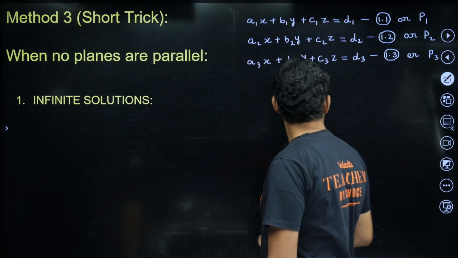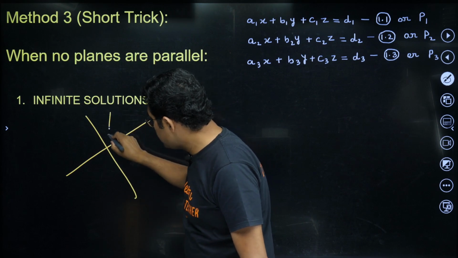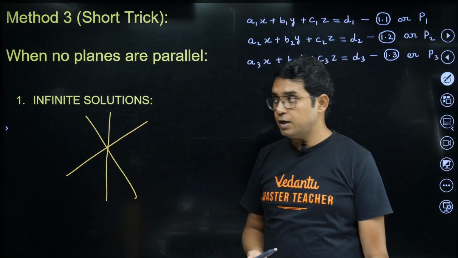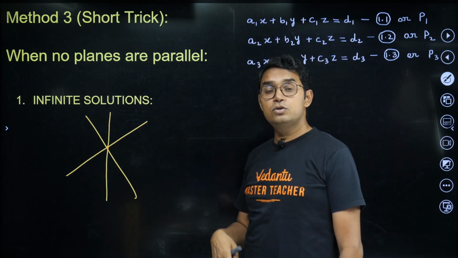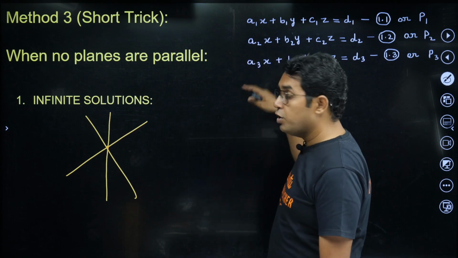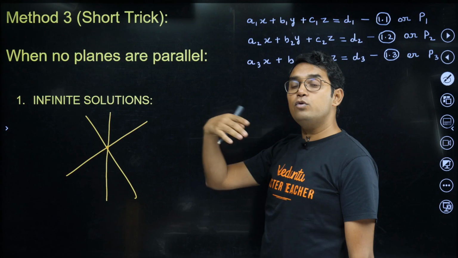I told you that the infinite solution case is when all three planes have a common line of intersection. In three dimensions, we have seen this kind of situation talked about as a family of planes. We find the equation of a plane that is passing through the line of intersection of two given planes.